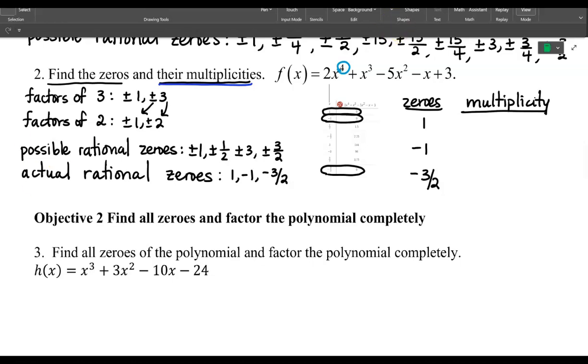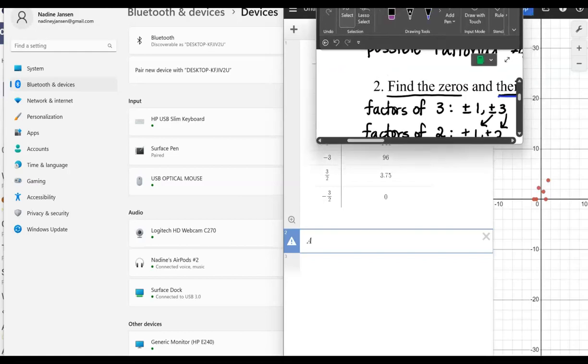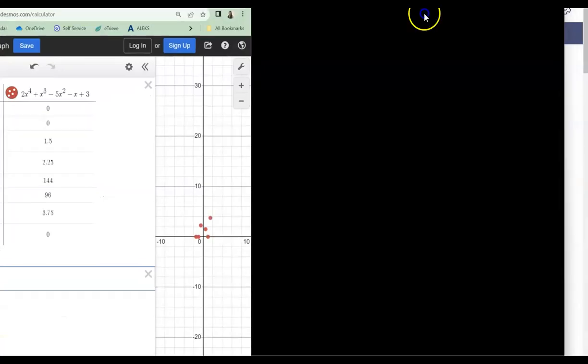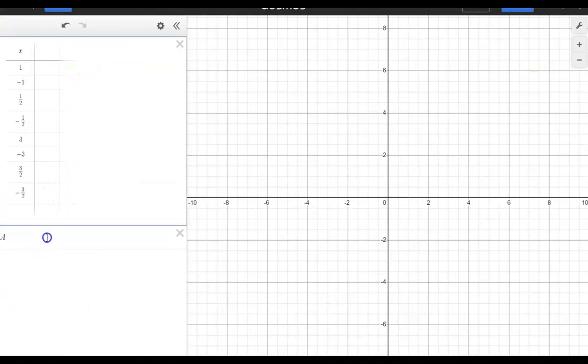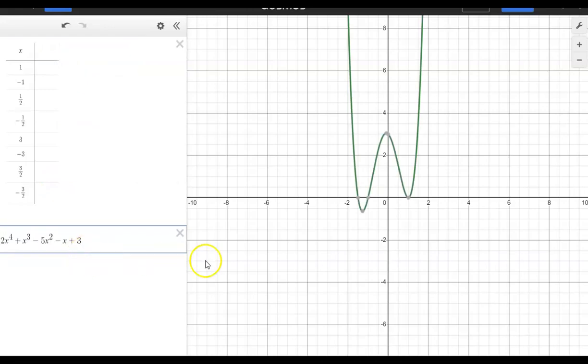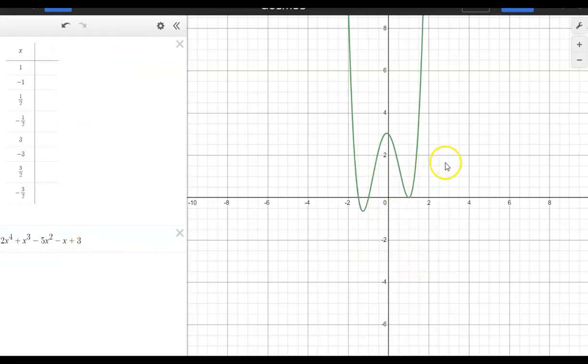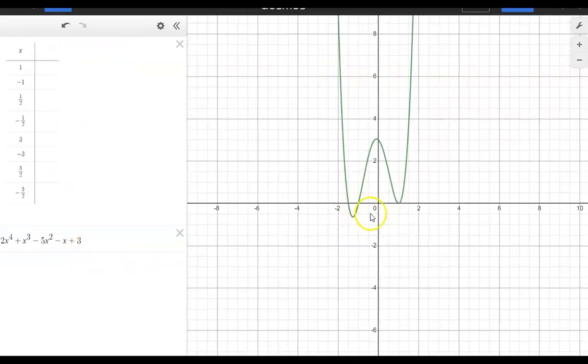To figure out which zero is repeated, we can look at the graph of this polynomial, which I'm just going to enter into this y equals here on Desmos. What we would see is that one of these zeros would be touching the x-axis. We can definitely see the zero at 1 is touching.